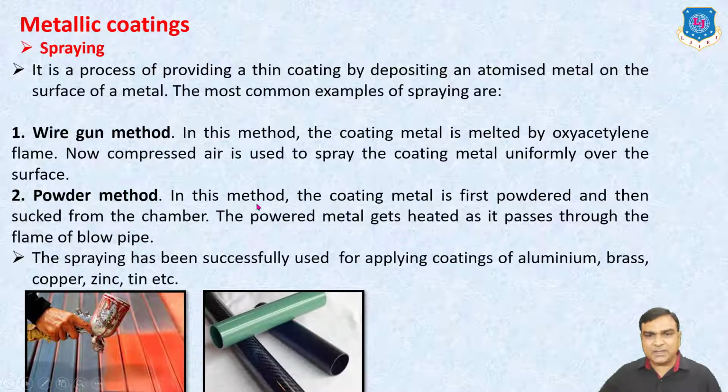In the powder method, the coating metal is first powdered and then sucked from the chamber. The powder metal gets heated as it passes through the flame of a blowpipe. Spraying has been successfully used for applying coatings of aluminum, brass, copper, zinc, tin, etc. So these are two examples of the wire gun method and powder method.